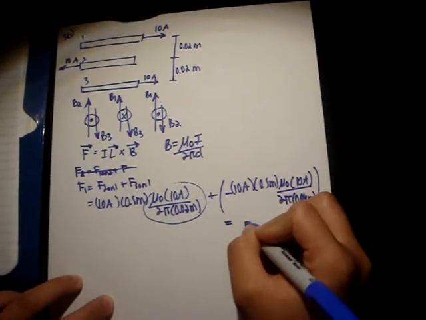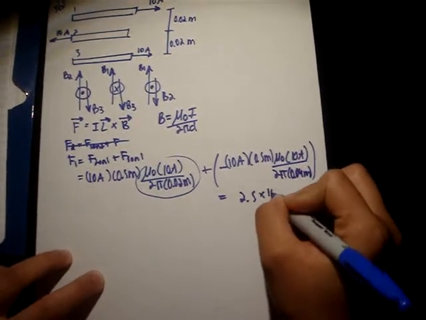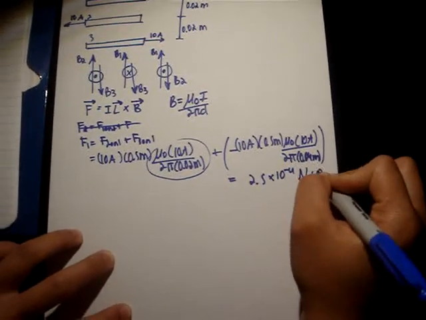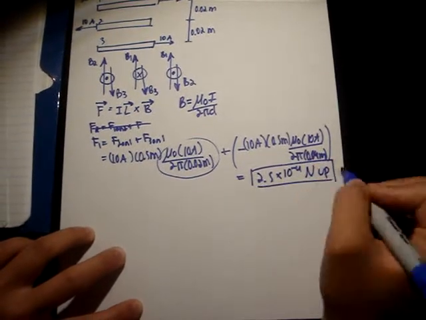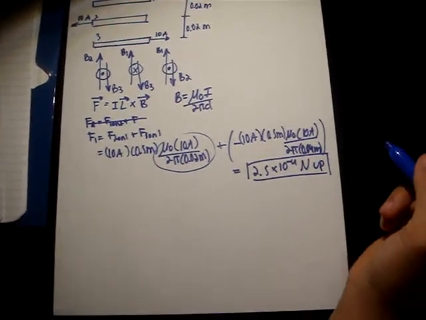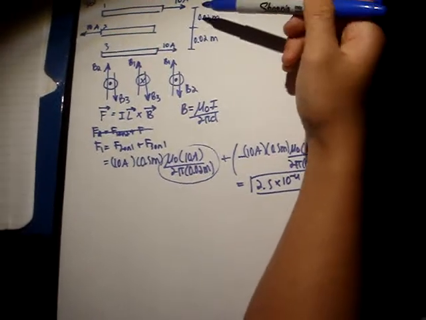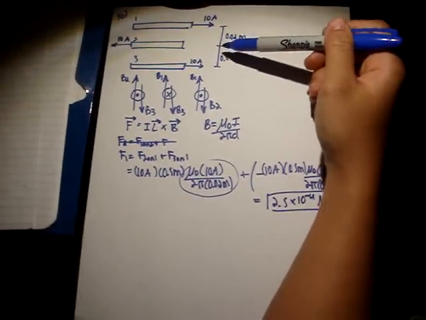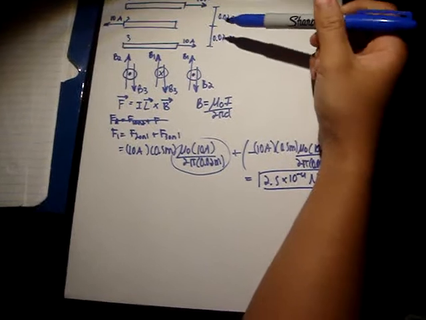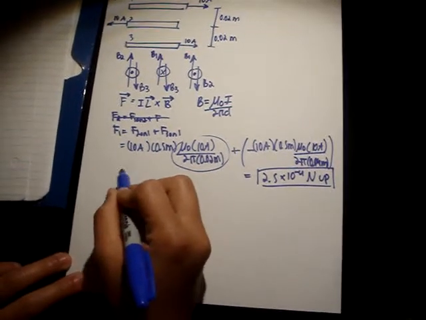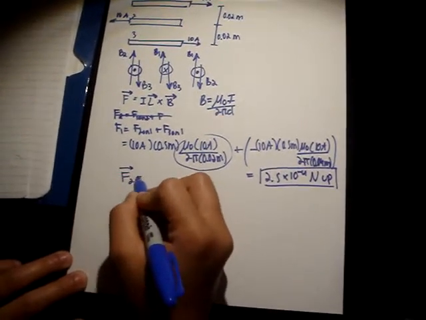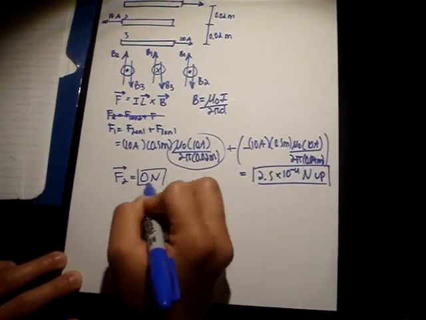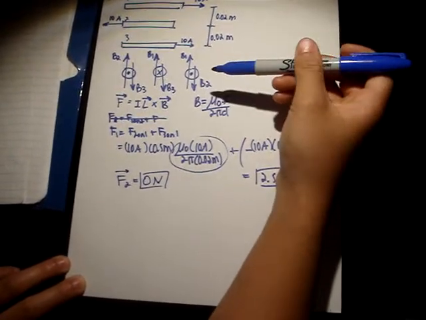You'll get 2.5 times 10 to the negative 4 newtons up. So that's the net force on the first wire. On the second wire, since there will be equal magnitudes but in opposite directions, the net force on 2 will be 0 newtons. And you repeat the process for 3.